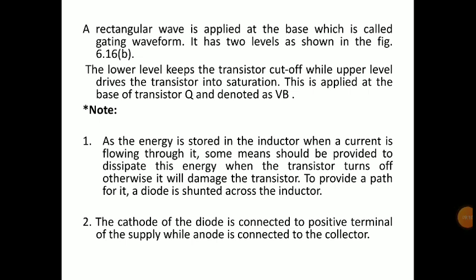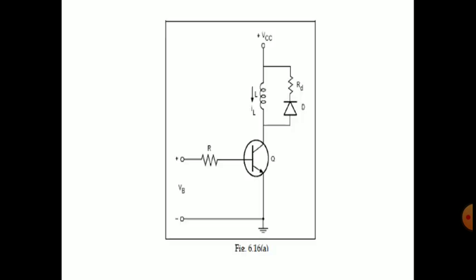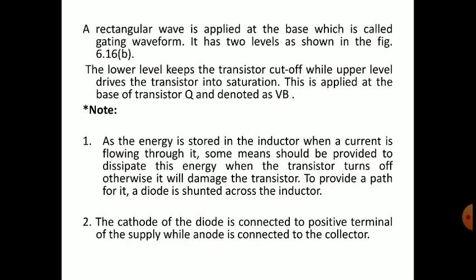The lower level keeps the transistor cut off, while the upper level drives the transistor into saturation. We have applied VB to the transistor base, which has the rectangular waveform. Two levels will be there, higher level and lower level. Because of the higher level applied to the base, the transistor will be in the on position, and in the lower level it will be in the off position.